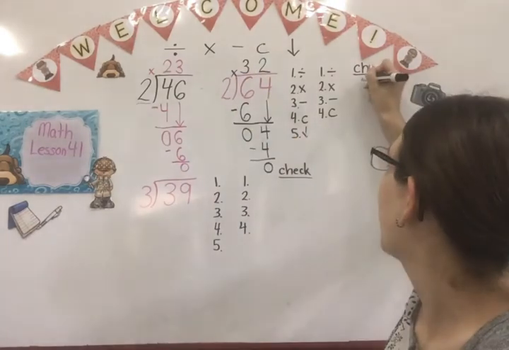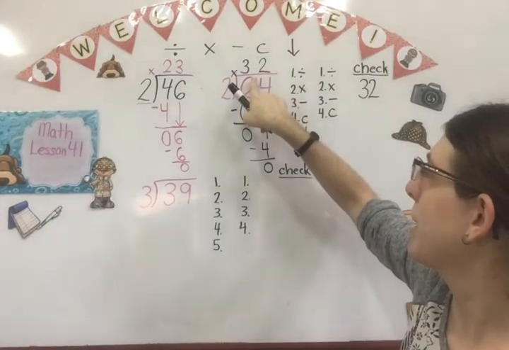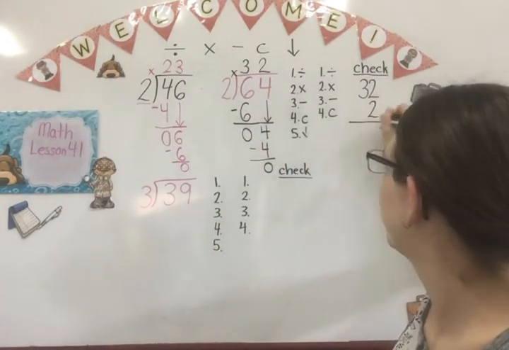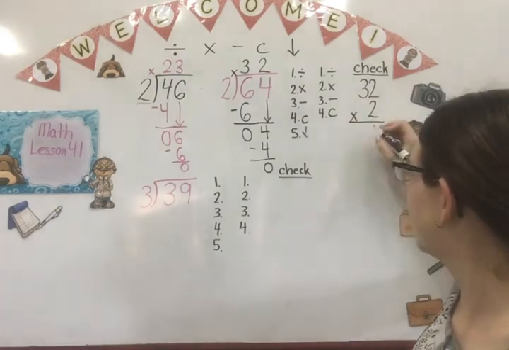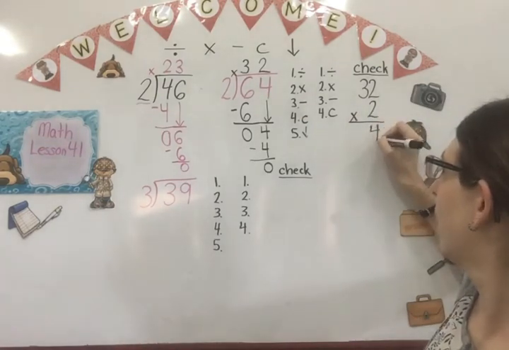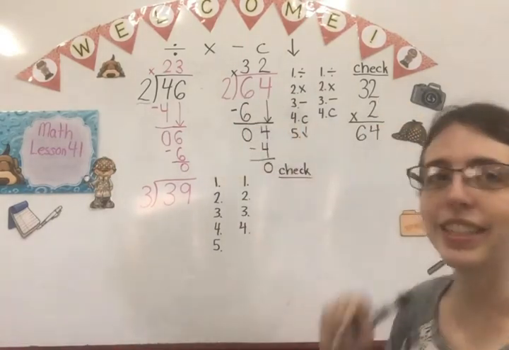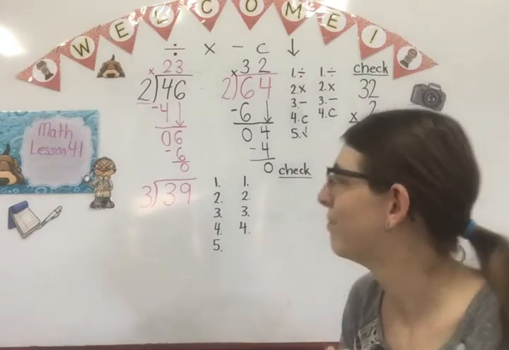I'm going to multiply 32, which is my answer up here, times 2. If it gives me 64, then I know I did it correctly. 2 times 2 is 4. 2 times 3 is 6. 64 and 64, my answers match. So I'm good to go.